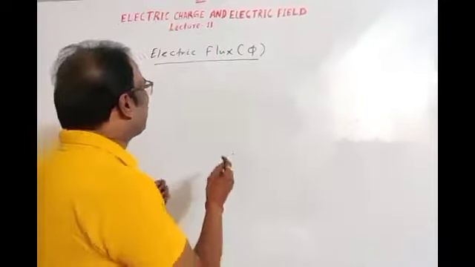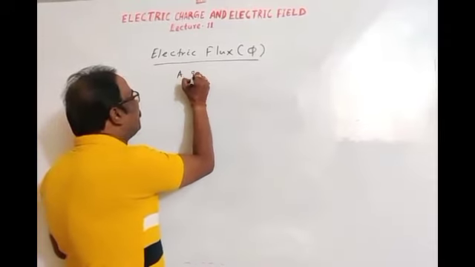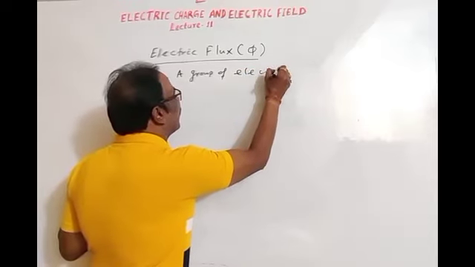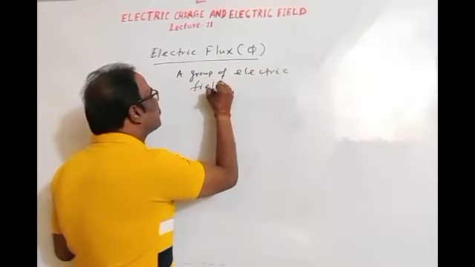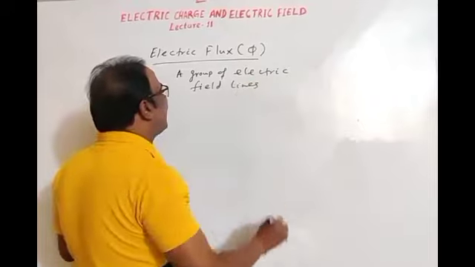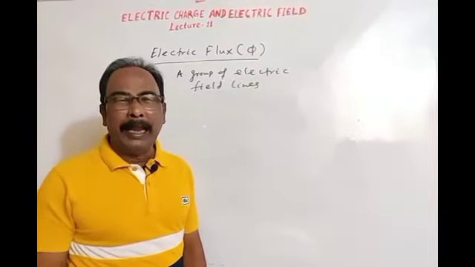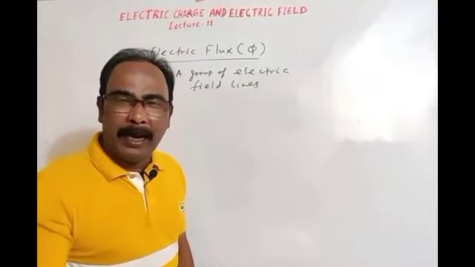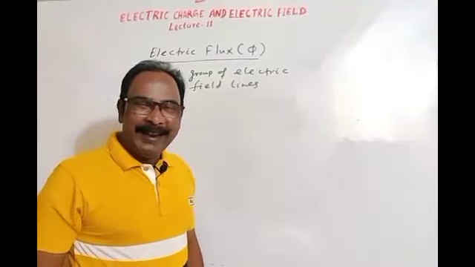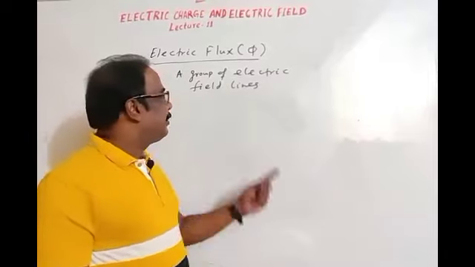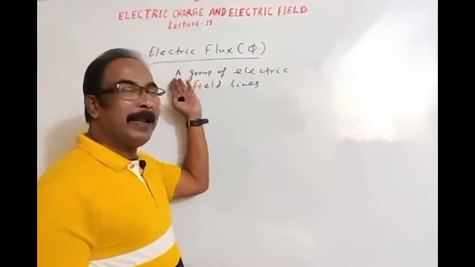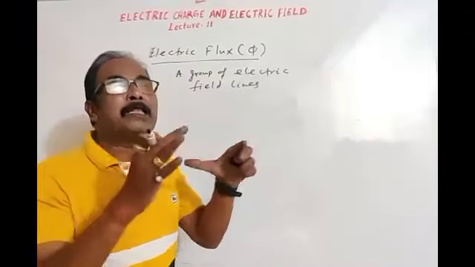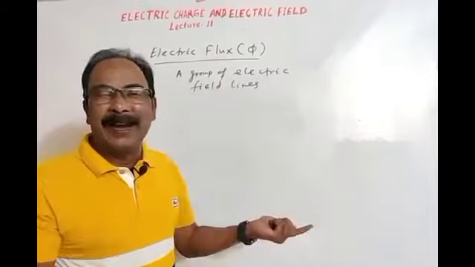Electric flux means a group of electric field lines, or a number of electric field lines, or a collection of electric field lines, a bunch of electric field lines called flux.